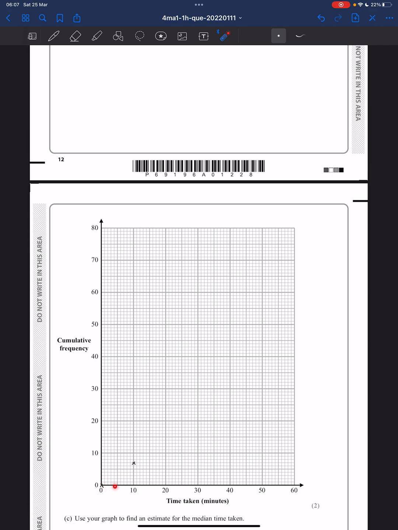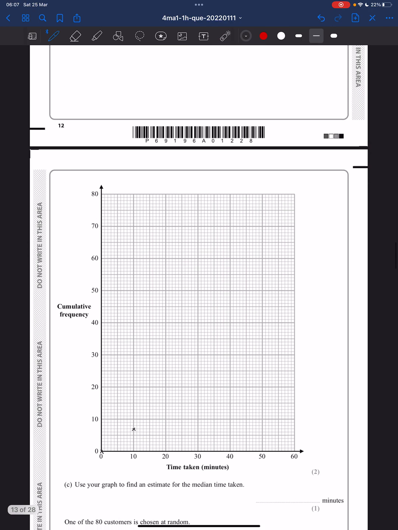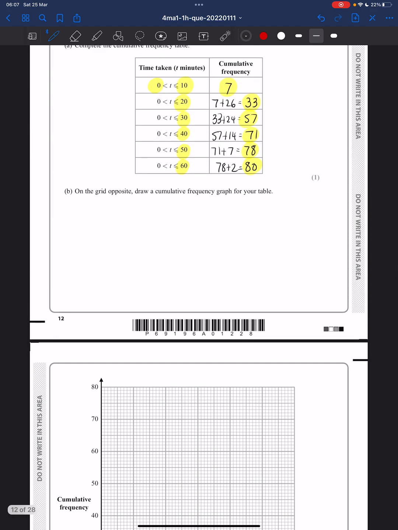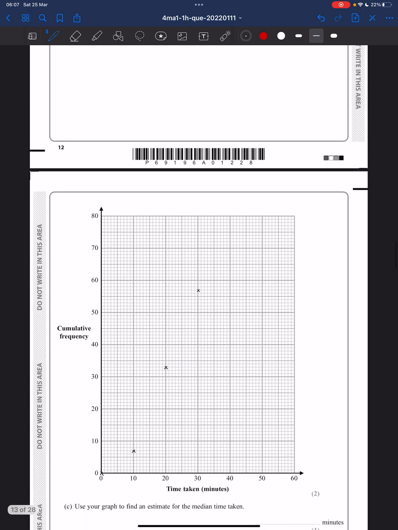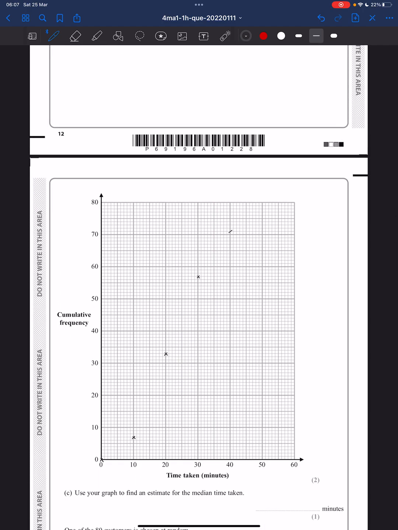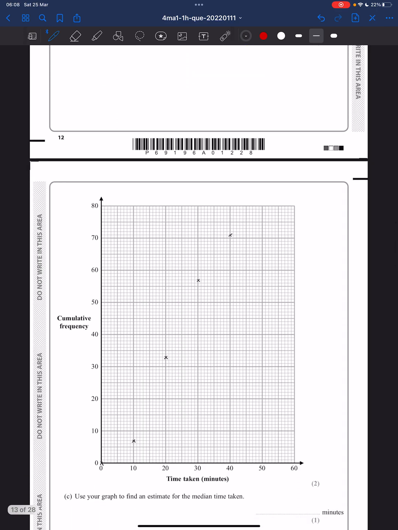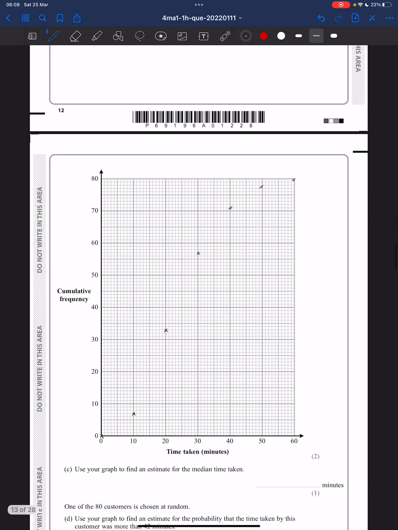One little square is 1 unit going up, so that's fine. 20, 33. 30, 57. 40, 71. 50, 78. And 60, 80. Okay, I'm drawing the points with a smooth curve.